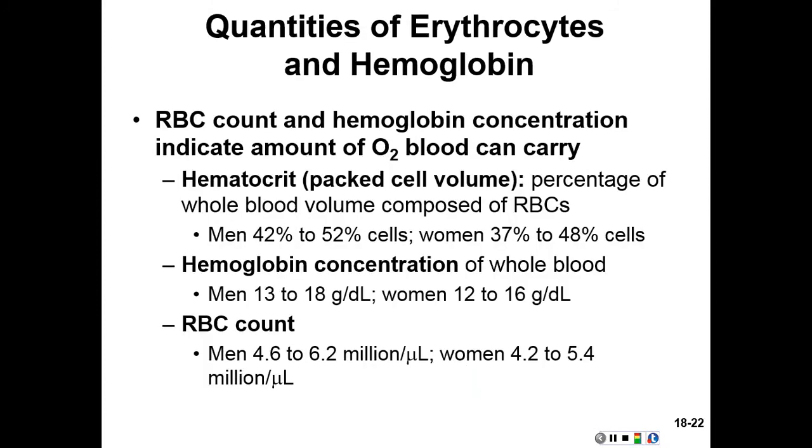Alright, hematocrit is packed cell volume: 42 to 52% in males and 37 to 48% in females, based on body mass. Hemoglobin is 13 to 18 in males and 12 to 16 in females. Remember, females have a menstrual cycle that affects their total blood concentration. The RBC count is 4.6 to 6.2 in males and about 4.2 to 5.4 in females.